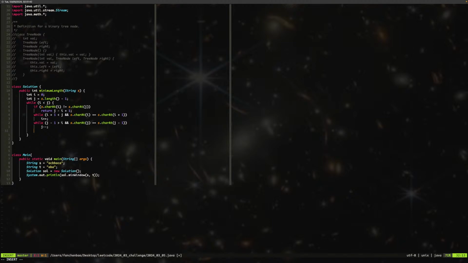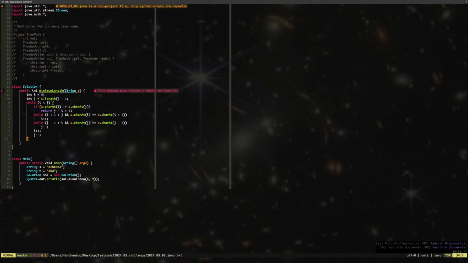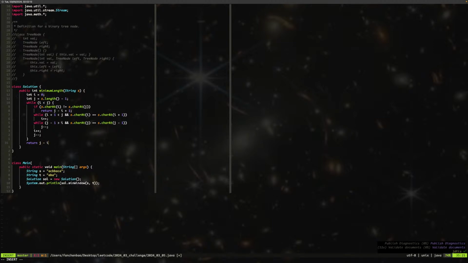Once they cannot move, j will actually be smaller than i if you think about it. If j is smaller than i, then it will return 0. So after we do that, i plus plus and j minus minus one more time. Once we're done, we return j minus i plus 1. Okay.